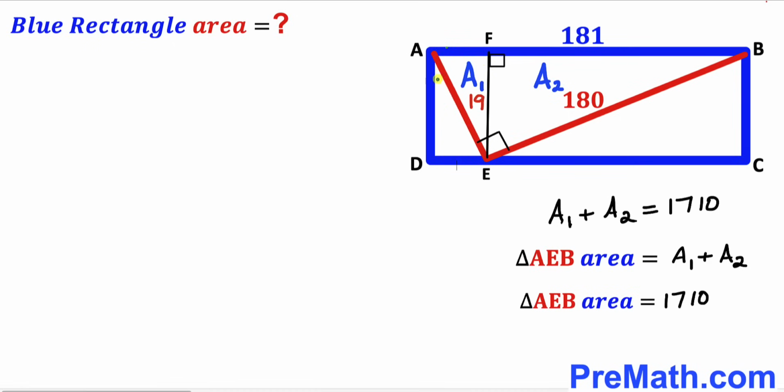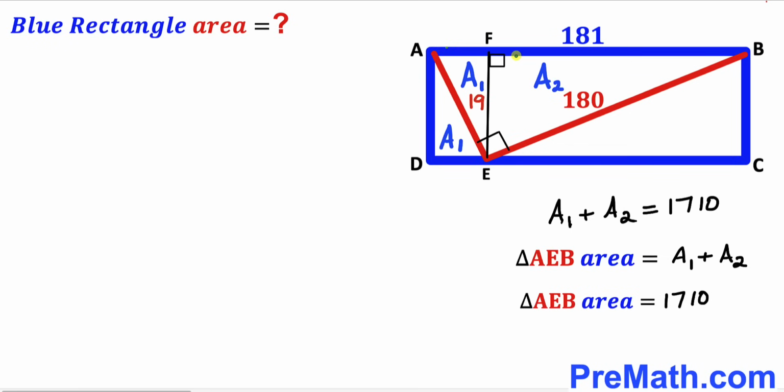Now let's focus on this rectangle AFED along with this diagonal AE. We conclude that the area of this right triangle is congruent to the area of this right triangle. If this area is A sub 1, then this area has got to be A sub 1 as well.